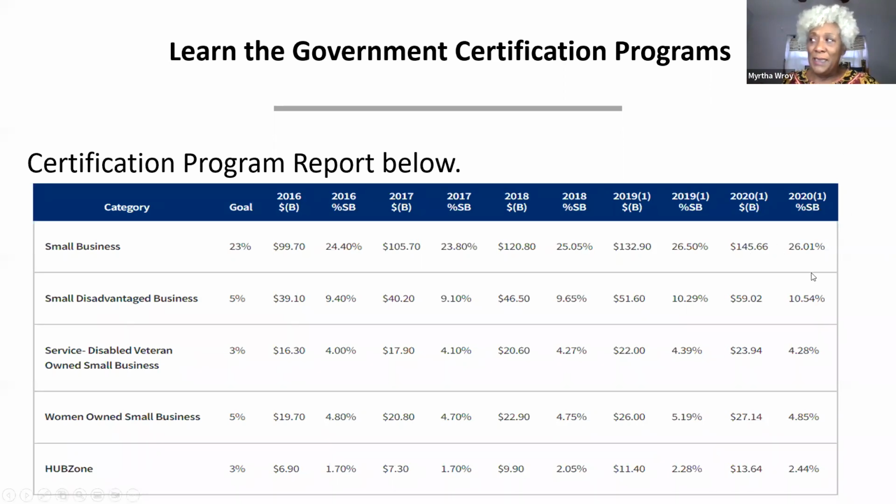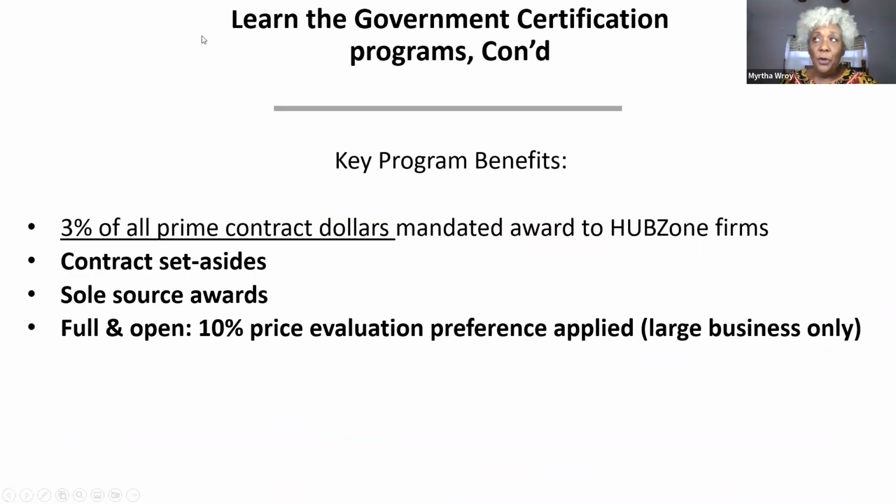But the interesting part of this slide is the percentages of this $1 billion that had to go to each designation. And those designations only apply if you're certified under them. So even HUBZone, I would say, 2.4% of 13 billion, that's not a bad thing to have, and so on.